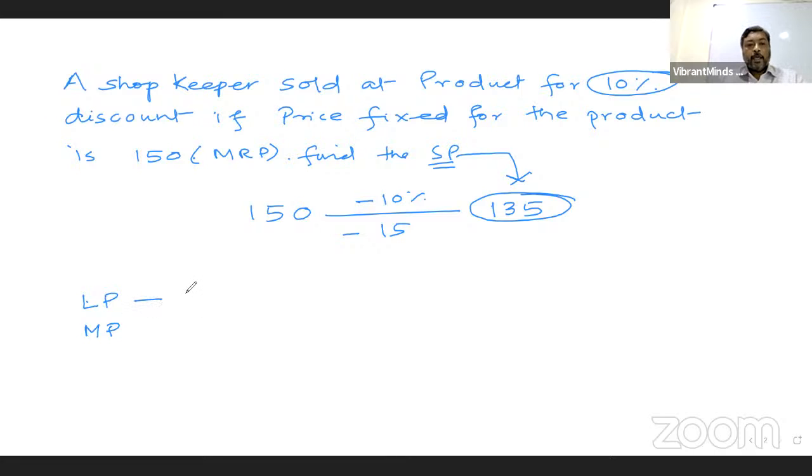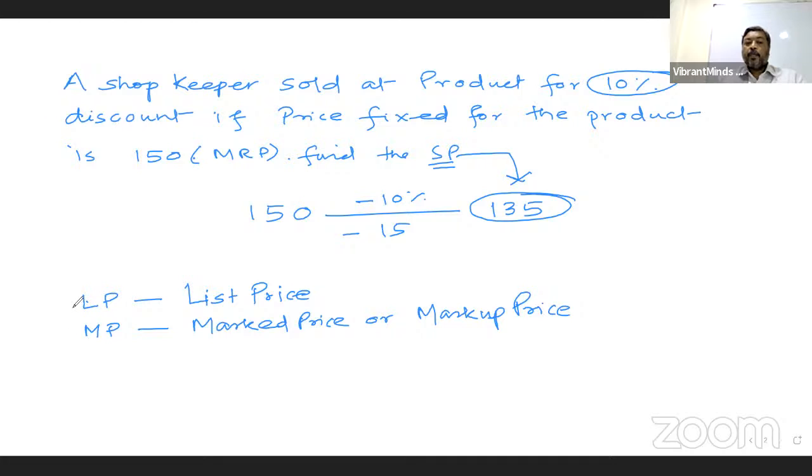Now see, LP is known as list price, or MP is known as marked price, or in another word, markup price. These both are same.